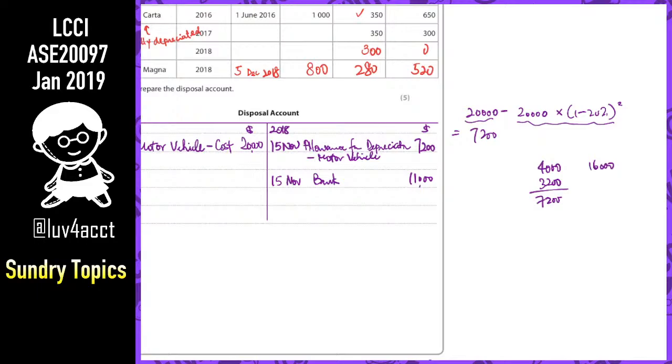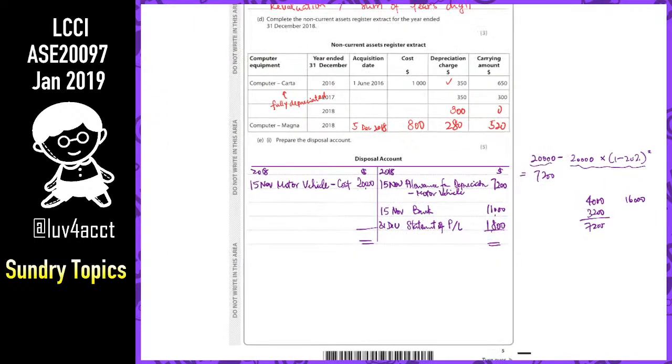So you are going to make a loss, of course, of 1,800. This goes into the statement of profit or loss. Okay, done. 5 marks.